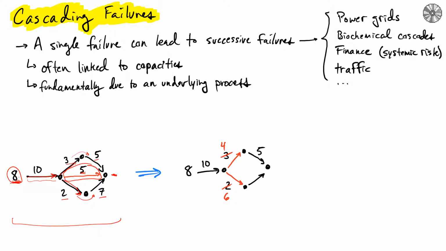That means that these edges are beyond their capacity, and so they then successively fail. And so that would be the end. Now this section of the graph is completely disconnected from this section of the graph. And so that's the idea of cascading failures.